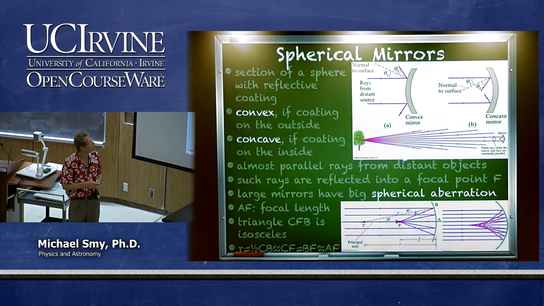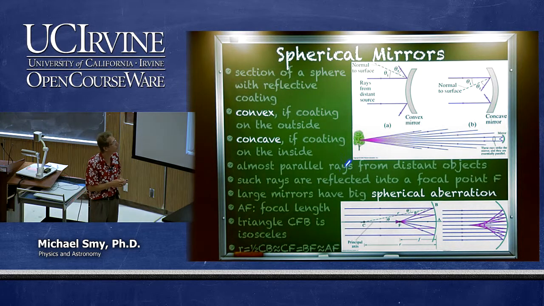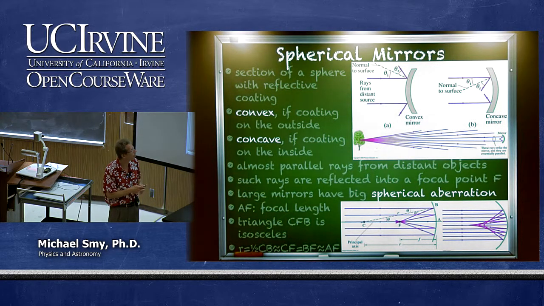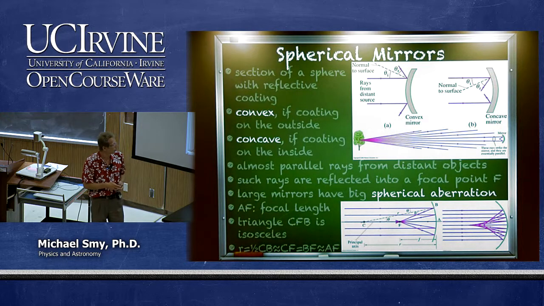So another observation we make is that objects always have divergent bundles of light rays, but if they are far away, then they look almost parallel to each other. And therefore, since we know that such parallel rays get focused into one point, we can actually form an image of at least distant objects.